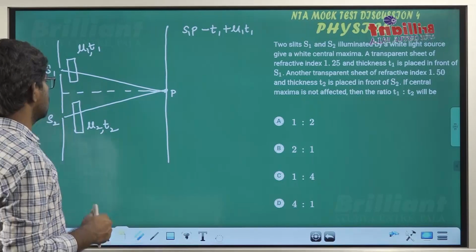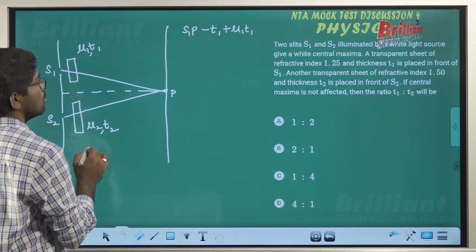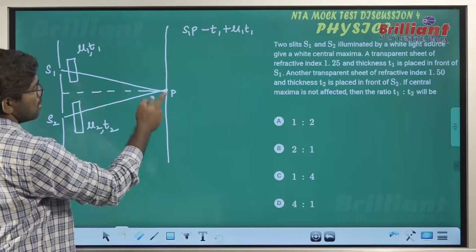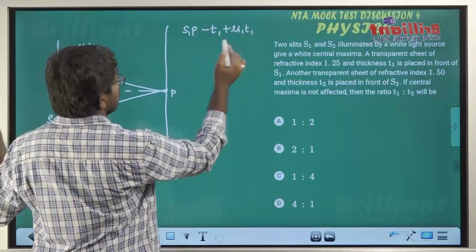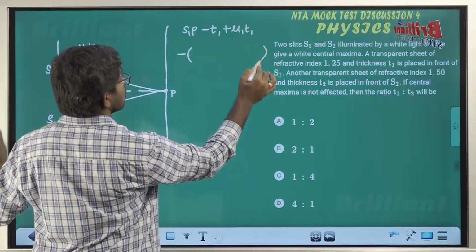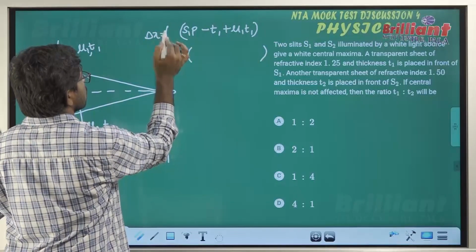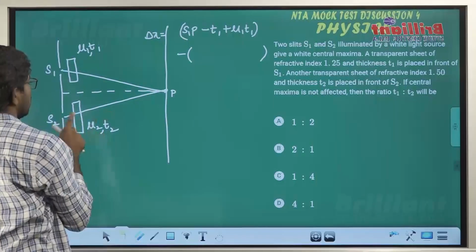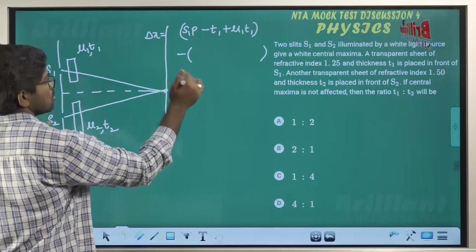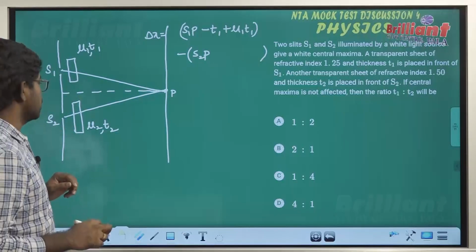Similarly, this one, how much optical path length is it traveling here? We are writing delta x, the path difference. This is the first one. Then the second one is S2P.